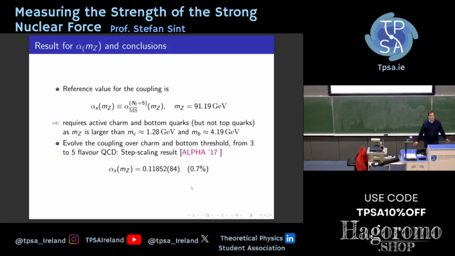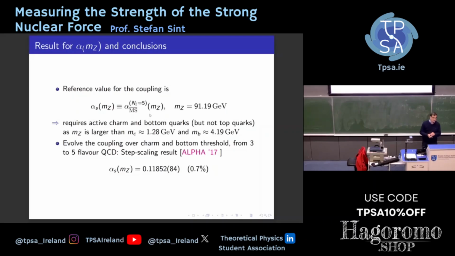Now, the reference value for phenomenology and for experiments is really alpha S at the Z boson mass scale. Z bosons are quite heavy. They're about 90 or 100 times the mass of a proton, so 91.2 GeV, roughly. And this means that we have lambda in the 3-flavor theory, and we need to get to energies that are above the charm and the bottom threshold.